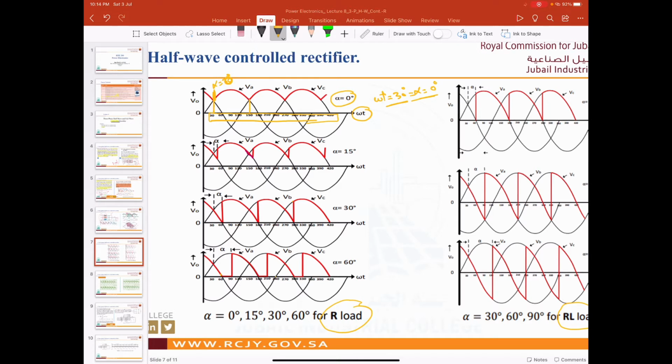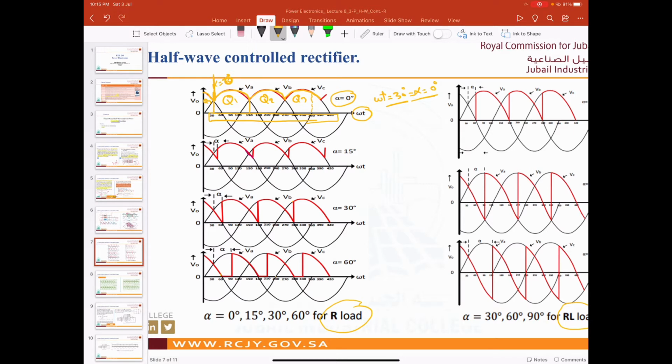We said in a three-phase system we will start from 30 degree, right guys? So this is 30 degree, and this is up to here, guys. This is 360, and this is the rest of the waveform. So we can say this is Q1, this is Q2, and this is Q3. The rest of the Q3 is here. Okay, so if alpha is 0, so alpha here is 0, right?